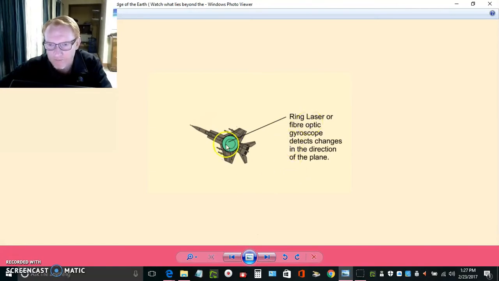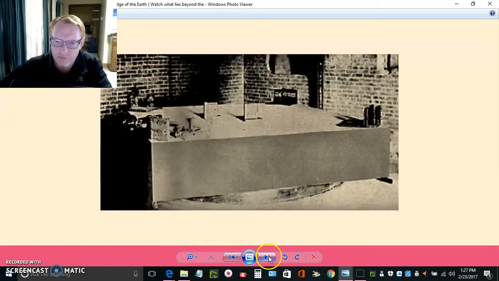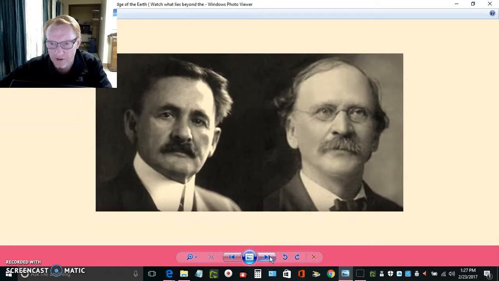So this is an airplane because it's on a flat plane. Ring laser or fiber optic gyroscope detects changes in the direction of the plane. Cannot work without an ether. And here's the experiment here with the plates, the mirrors, the light source, interferometer or photographic plates back then, interferometers now.